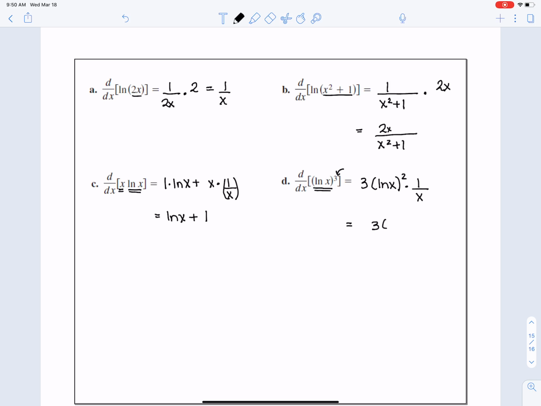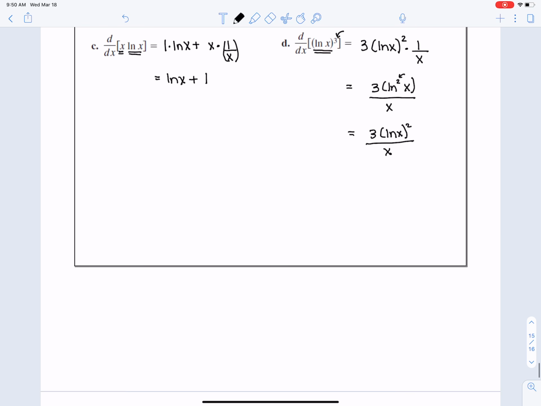And I just clean up my result. We could write this like trig, where we put the squared inside the ln, if you would like simplified notation. But otherwise, you can just leave it as 3 times ln x squared, all over x. And we're done.